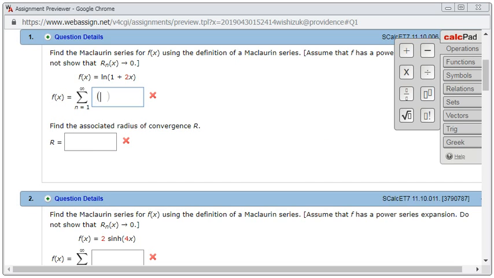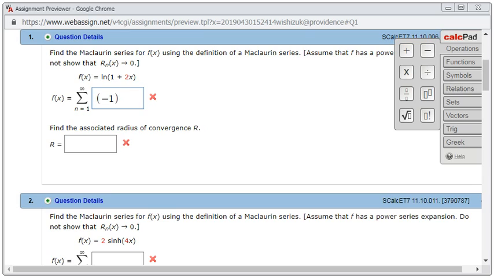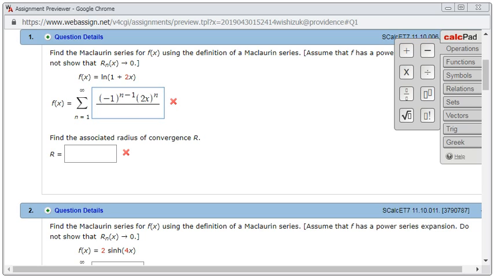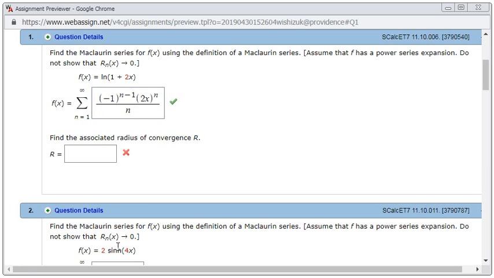What we got was negative 1 to the n minus 1, and then you have 2x to the n, and divide by n. Let's check the answer. I came back and it looks like we got the power series correctly.